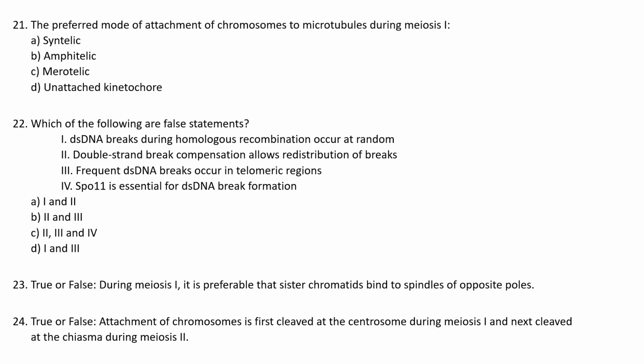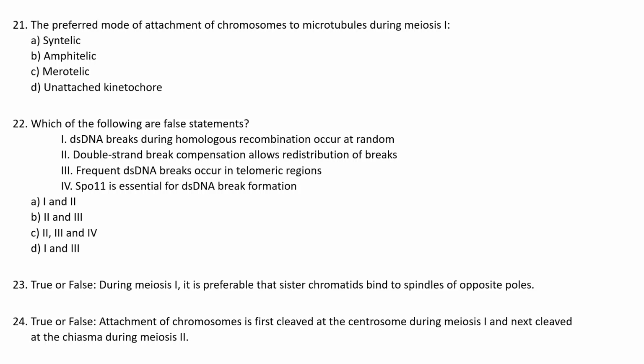So essentially, during the first phase of meiosis, meiosis 1, there is only one area that's cleaved, that is the attached region near the chiasma. That allows these two homologous chromosomes to separate.